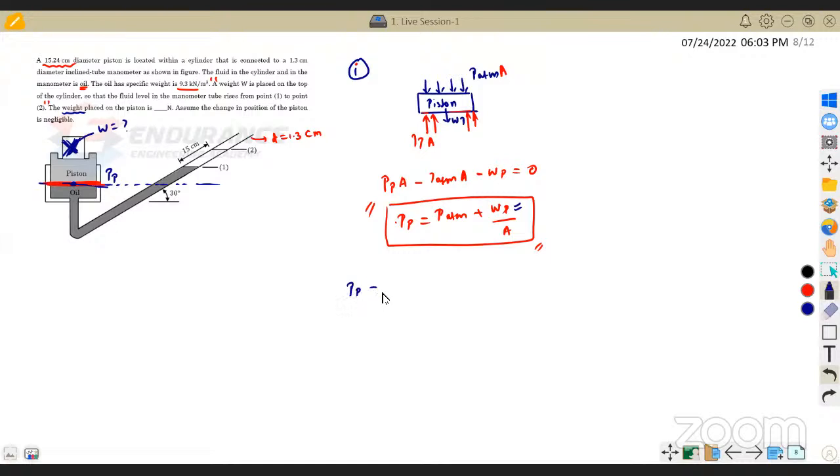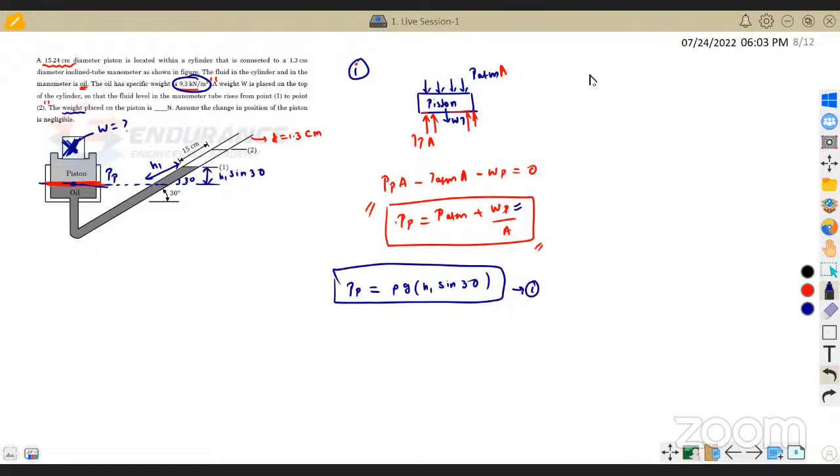Left limb pressure PP is equal to, I don't know what this height is, so we will take that height to be some H1, and this angle is given as 30 degree, so the vertical height is H1 sine 30. The density of the oil is not given, but they gave the specific weight, so it is rho g times H1 sine 30. We will keep this as our first equation.